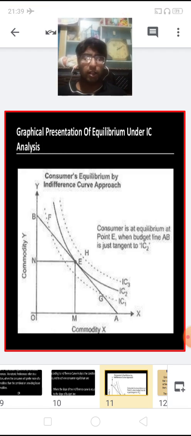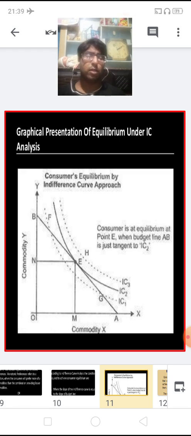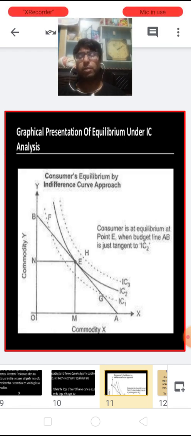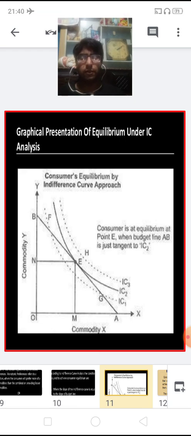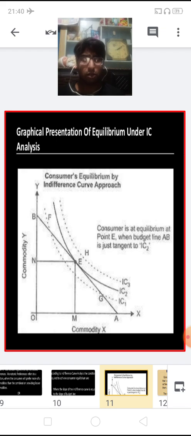Children, I have already explained that whatever combinations lie on the budget line are known as the attainable combinations, which a consumer can avail with his given income and market prices. And we have already understood the concept of an indifference curve, that any points which lie on an indifference curve give the same level of satisfaction to the consumer.